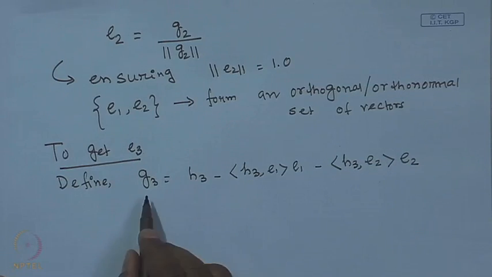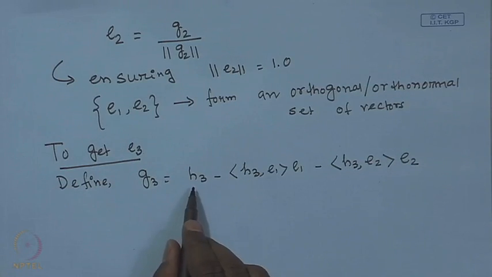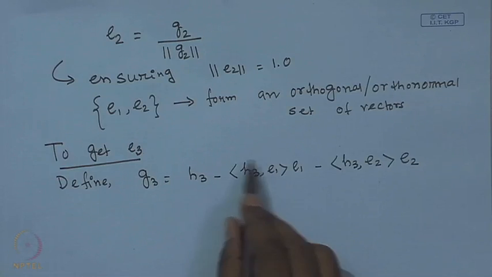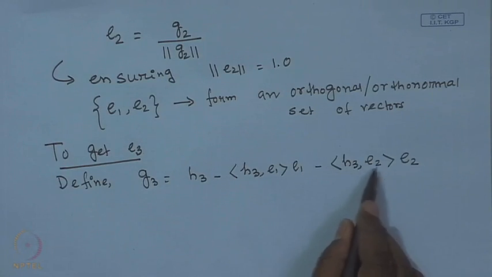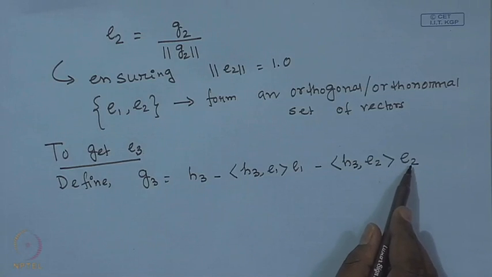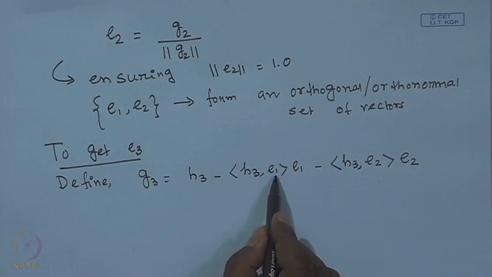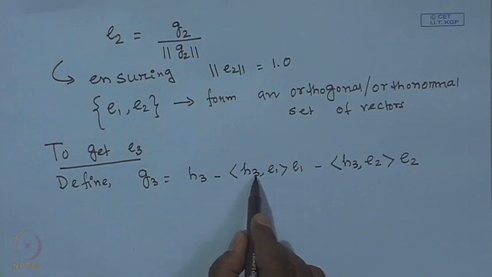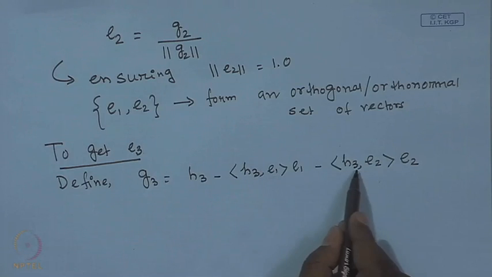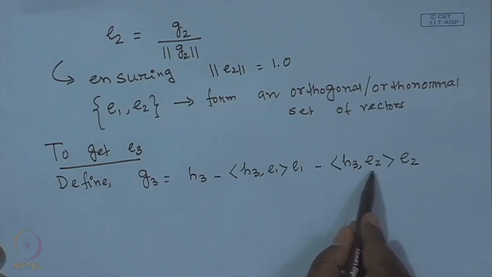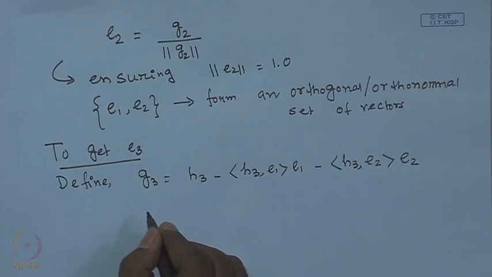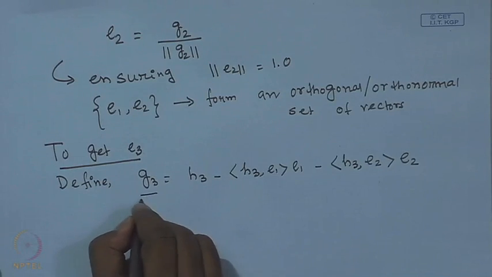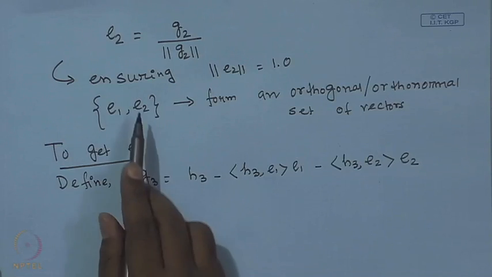We consider this vector G3 is equal to H3 minus a scalar multiplier with respect to E1 minus another scalar multiplier with respect to E2. This multiplier is nothing but the inner product of H3 and E1, and this multiplier is nothing but the inner product of H3 and E2. Now, we take the inner product of this equation. Now we will be saying that G3 will be orthogonal to E2.